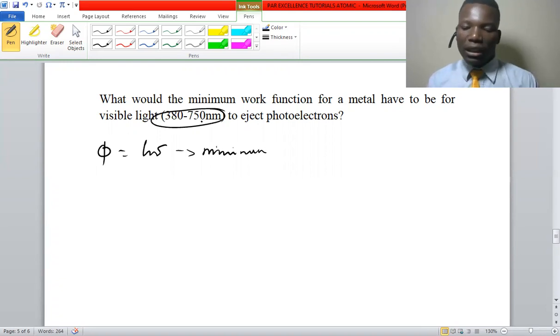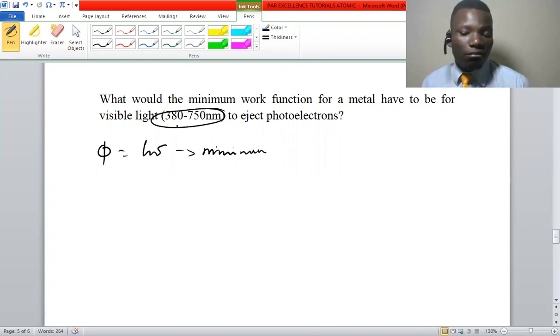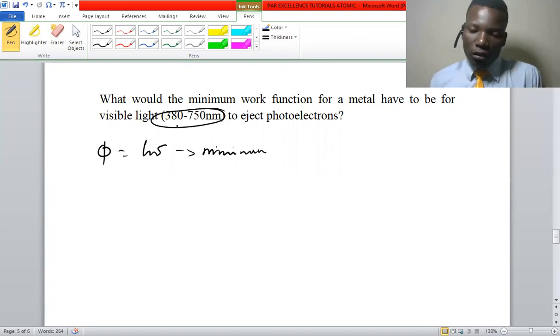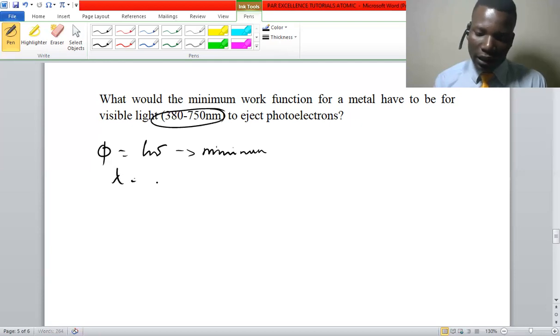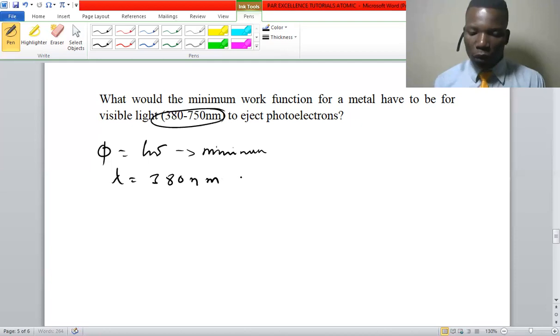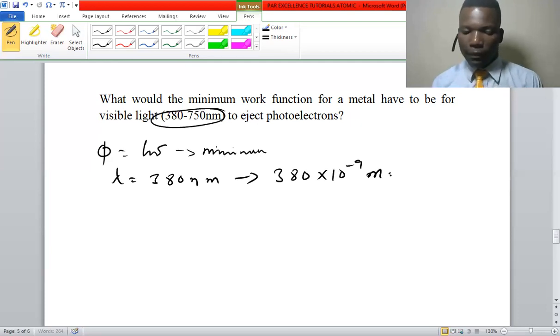If we pick the maximum wavelength, we'll get the maximum work function. So the minimum wavelength here is actually 380 nanometers, which is 380 by 10 to the power negative 9 meters.